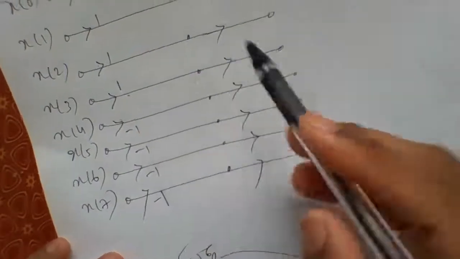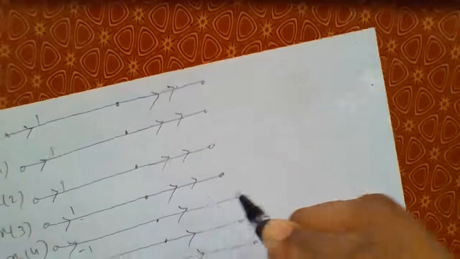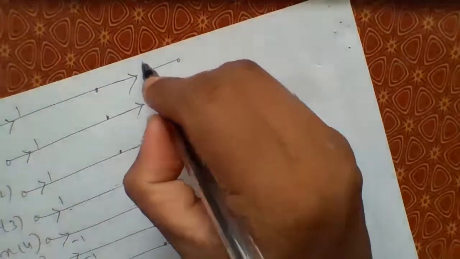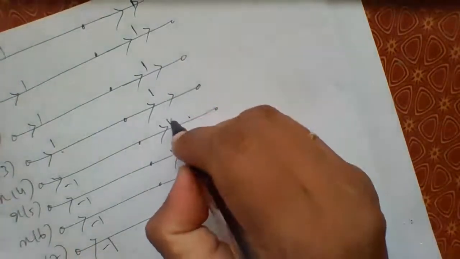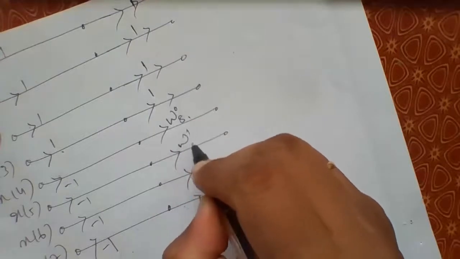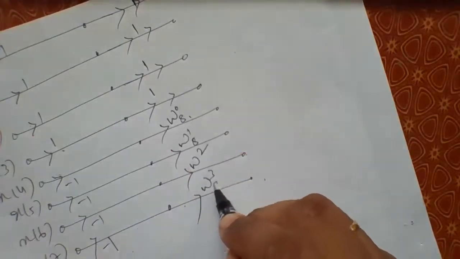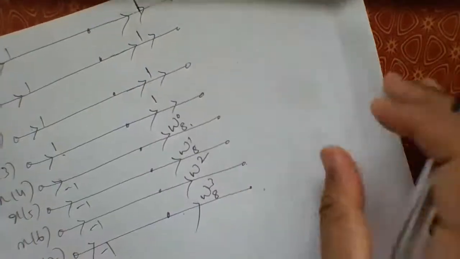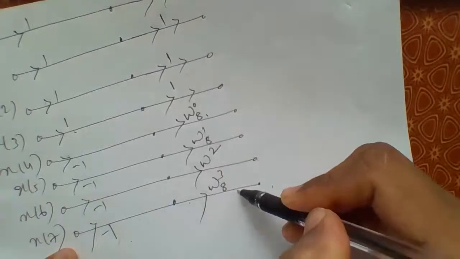Now whenever you take the difference, it will be further multiplied by the twiddle factor, and therefore I have already marked here 1, 1, 1, 1, and for the remaining 4 you will have to write w raised to 0, 8, w raised to 1, 8, w raised to 2, 8, w raised to 3, 8. So first 4 for the G1 sequence, next 4 for the G2 sequence.